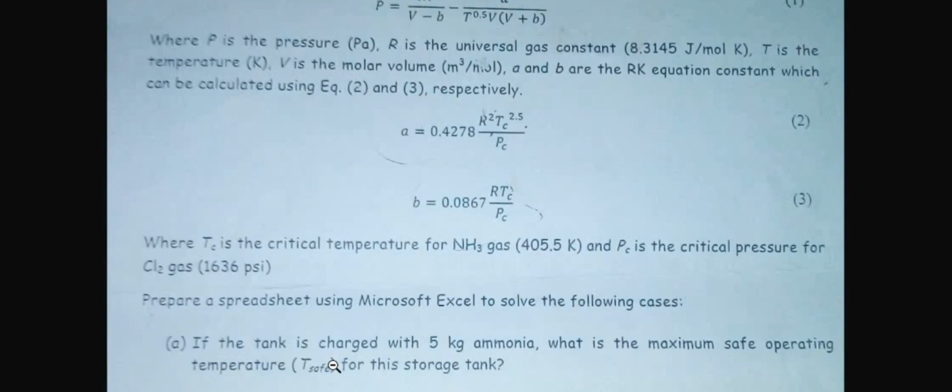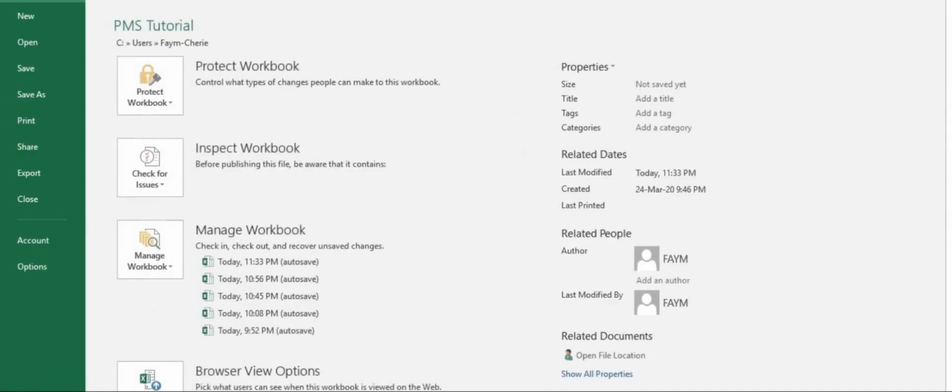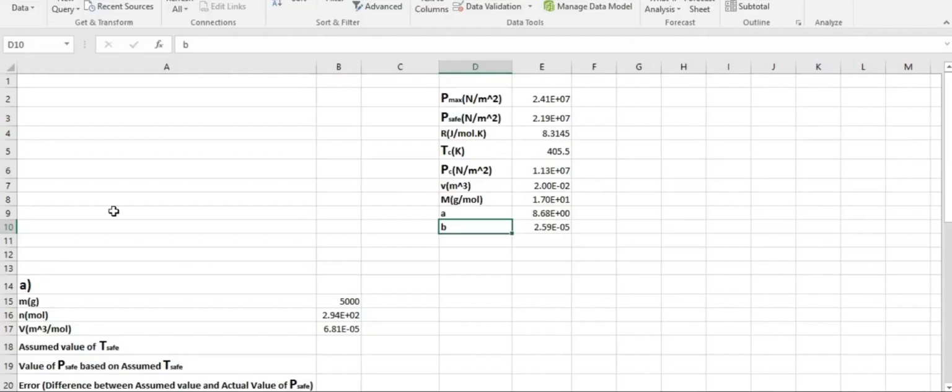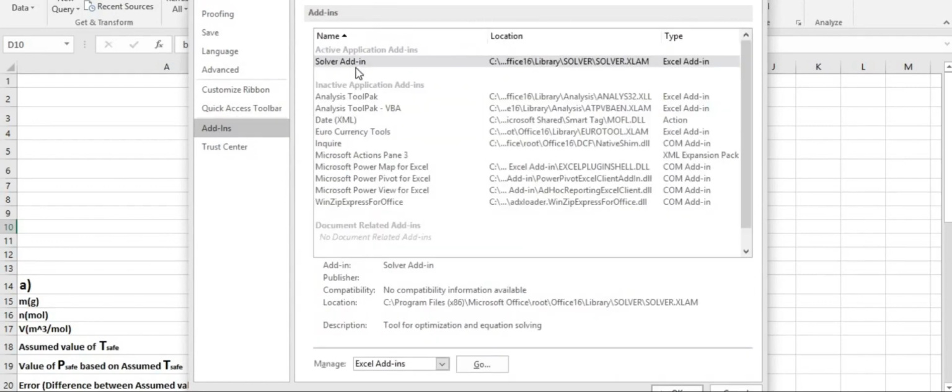Now we are going to find our unknown value of T safe using Solver. Solver is an add-in in Excel that is usually found under Data, and if it's not there, you can go to File, go to Options, go to Add-ins, and you add it.